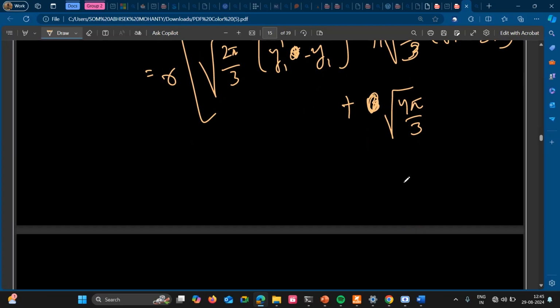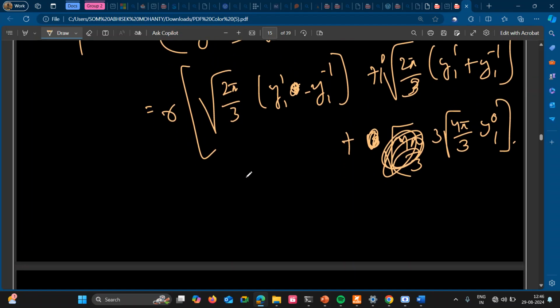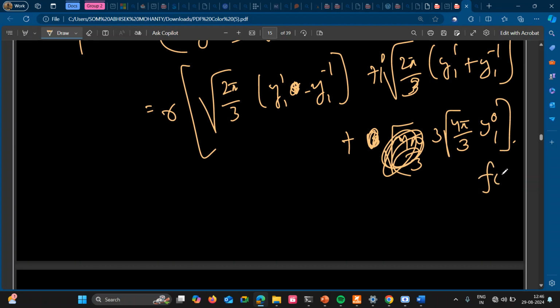I can do it. 3 4 pi by 3 y10. So these are the terms I'm getting. So I have to expand it. We have to expand it. There is no other way. And f of r is also there.